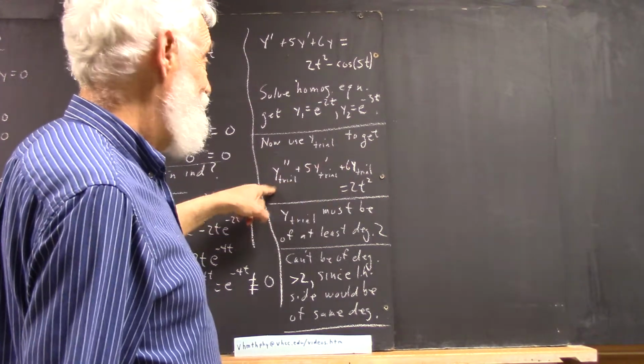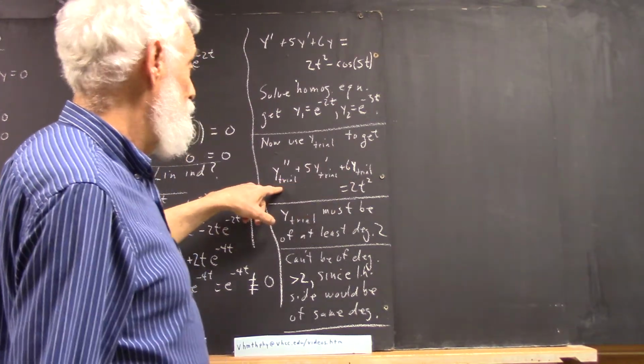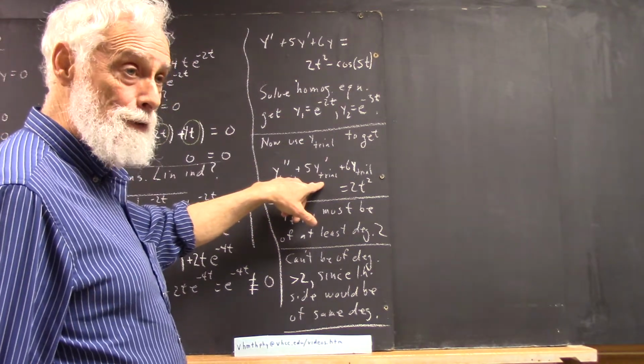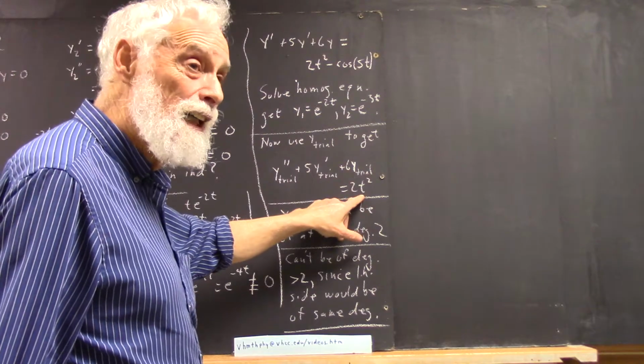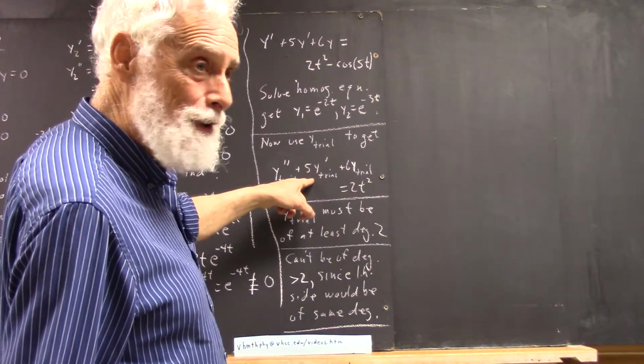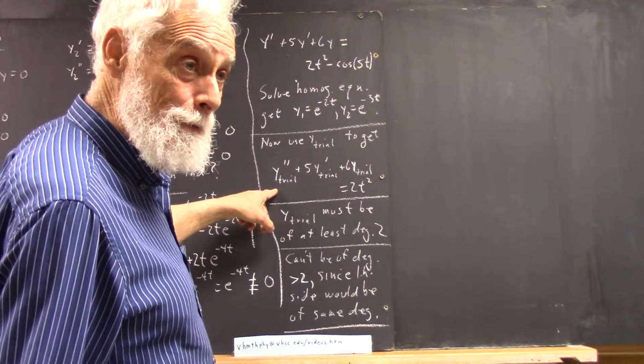Well, you're going to have a degree 0 from this, a degree 1 from this, and a degree 2 from this, but you've only got a degree 2. You've got to do something about the multiple of t that you get here and the constant number you get here.